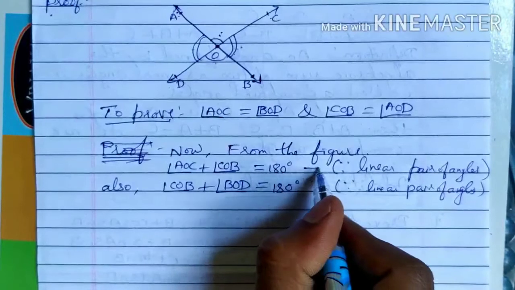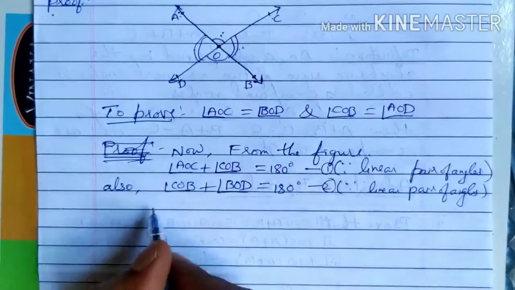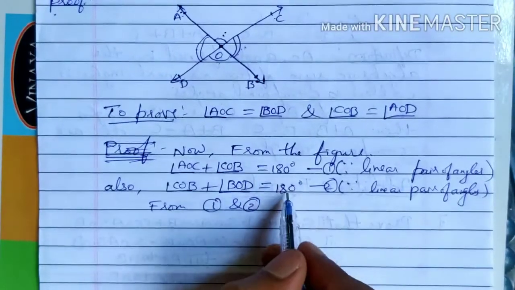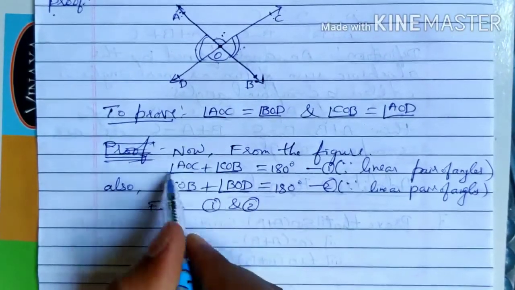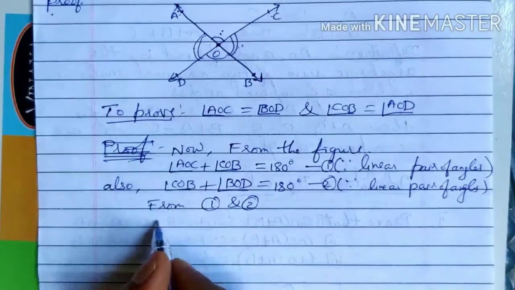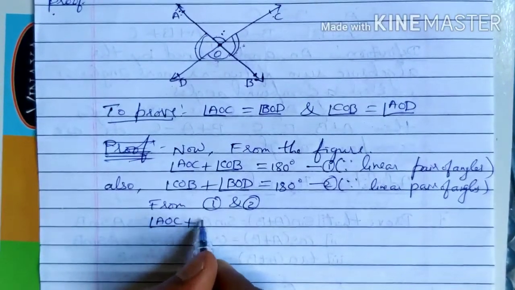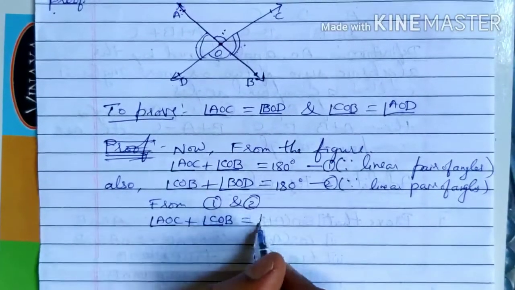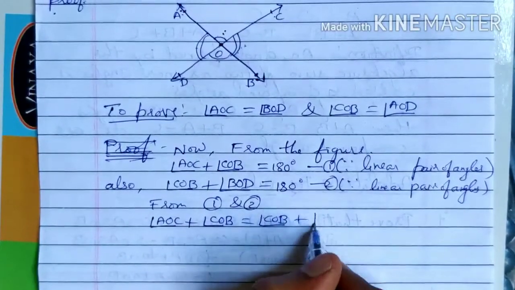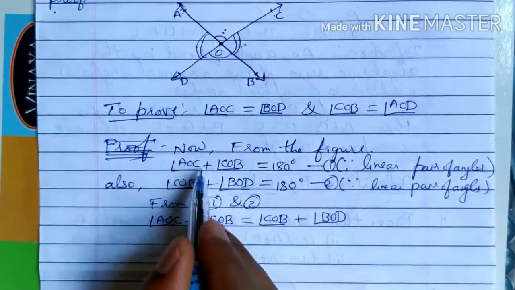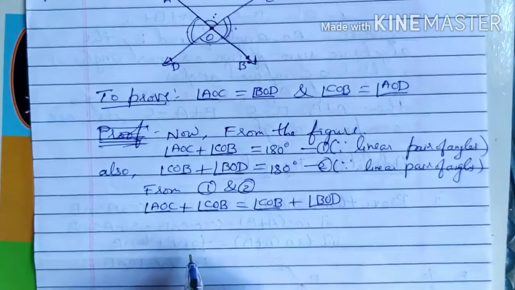We will consider these as equation 1 and equation 2. From 1 and 2, 180 equals 180, so I can equate these two expressions. Angle AOC plus angle COB is equal to 180, that is equal to angle COB plus angle BOD. Since the right hand side is equal, the left hand sides will be equal.